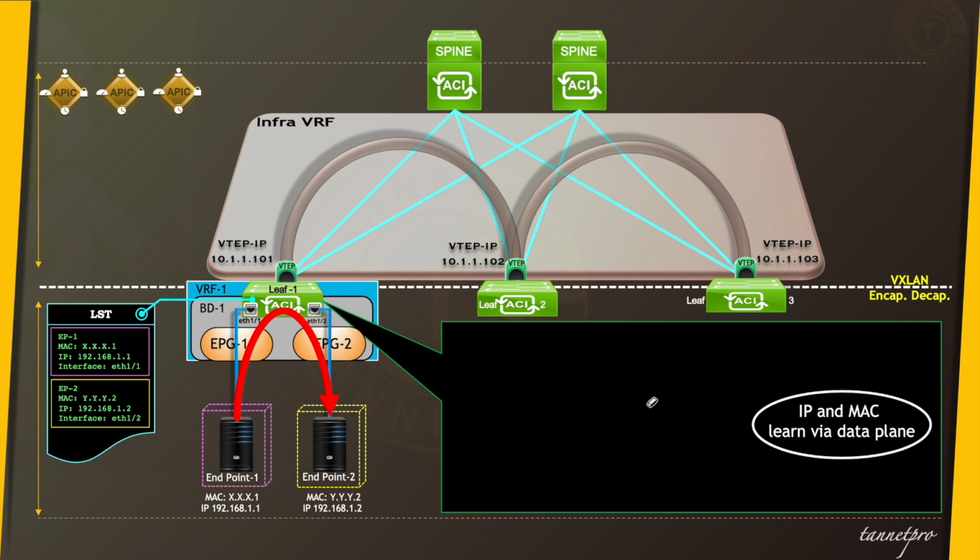You can disable that, but it's not recommended. Other than in a legacy network, over here we learn the IP addresses using the data plane. Any data packet forwarded to your leaf switch, using that data traffic, we can learn the MAC address. So there is no need to go to the control plane. All right, hope it is clear.